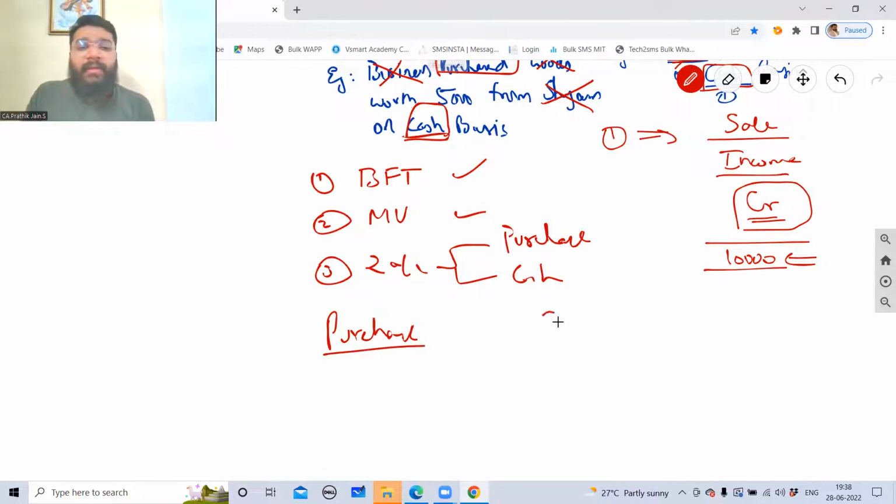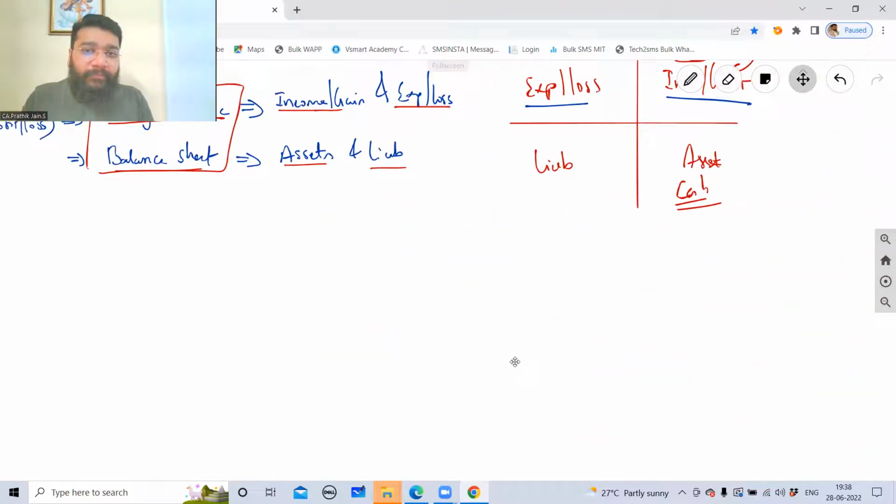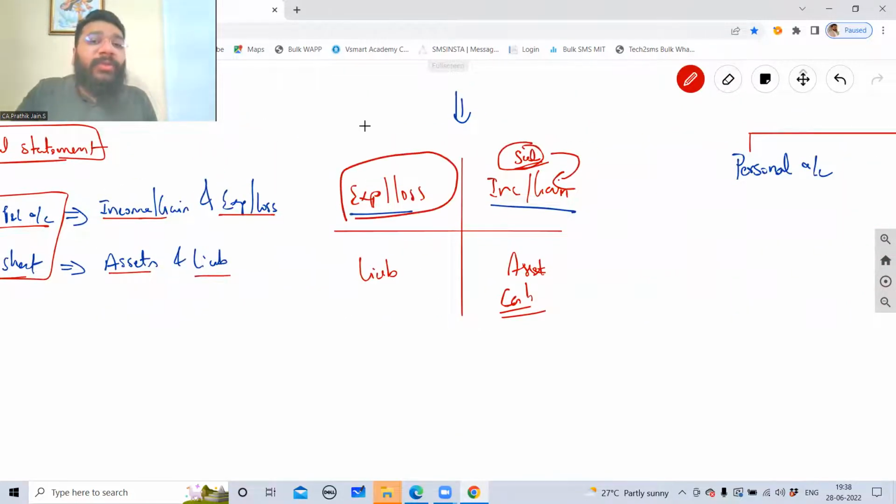So purchase and cash. Guys, I told you after you identify 2 accounts, the 4th step is you have to tell me that this purchase belongs to which of those 4 items in the quadrant. Purchase belongs to expense quadrant and cash belongs to asset quadrant. Clear with this point?